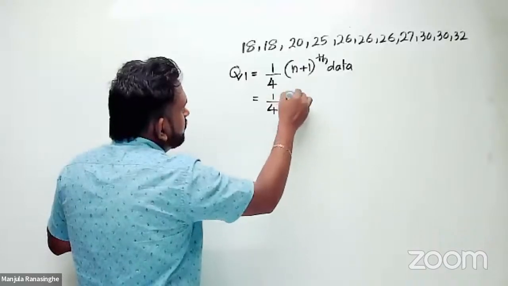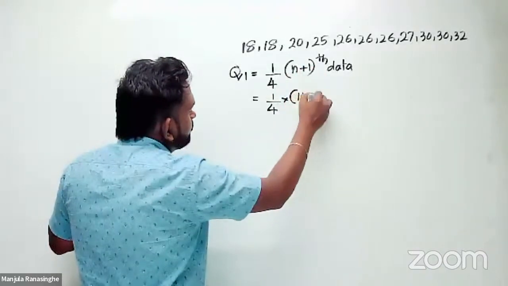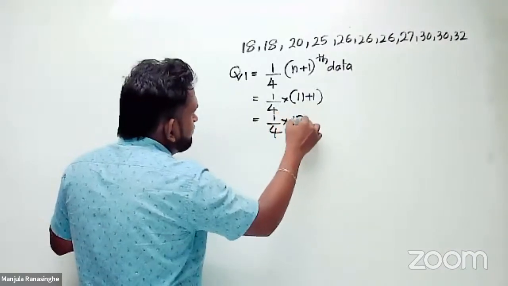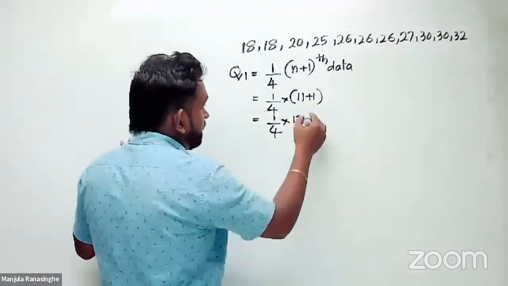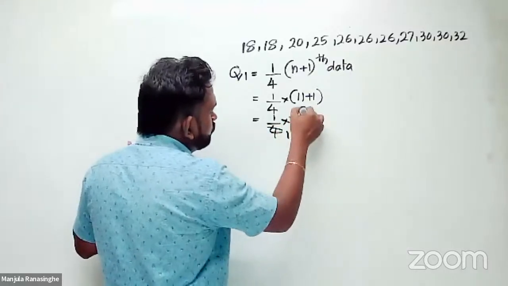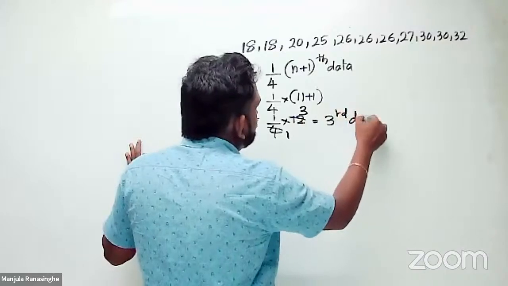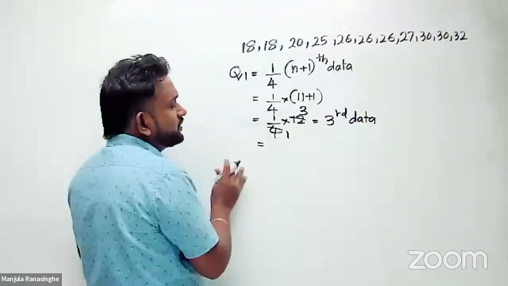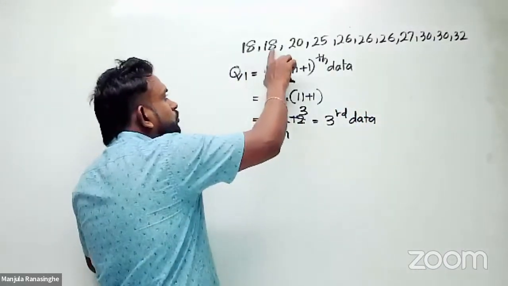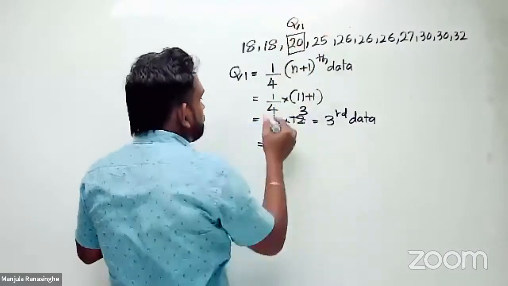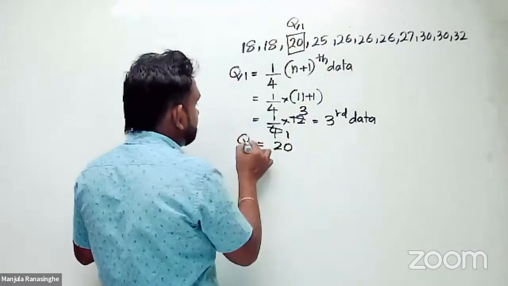So you write 11 plus 1, that means 1/4 into 12, so the third data is the Q1. Then you calculate what is the third data here: 1, 2, 3, that is the third data, that is the Q1. So you write Q1 as 20.